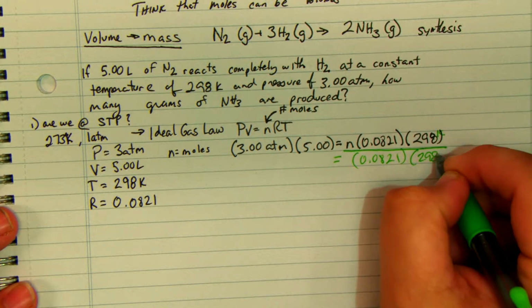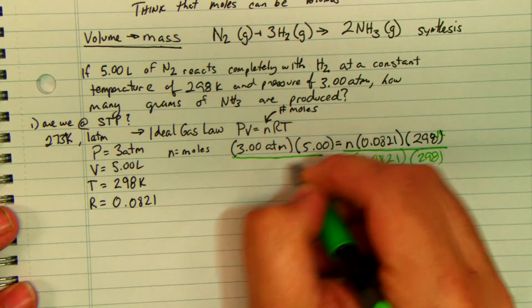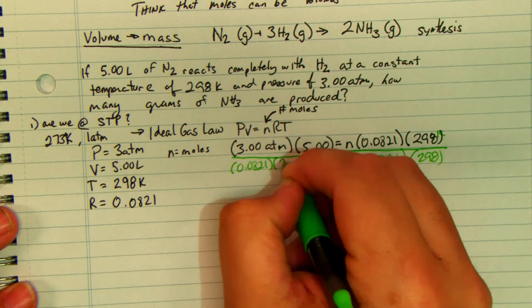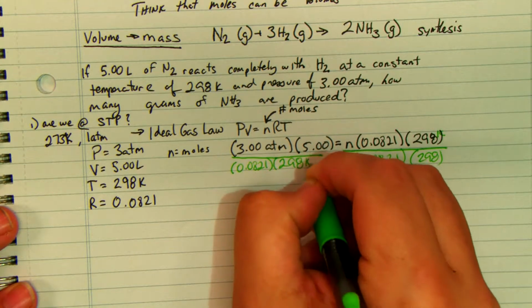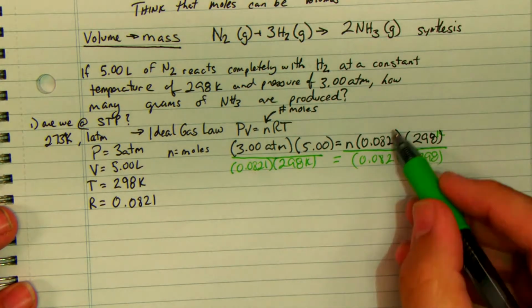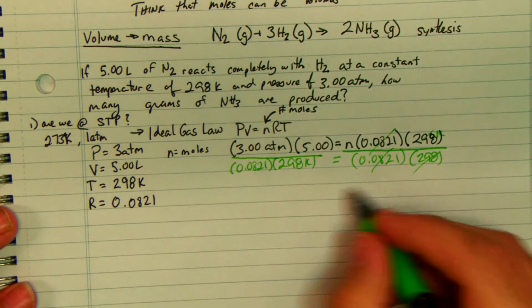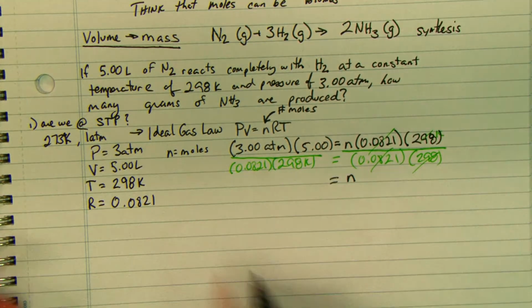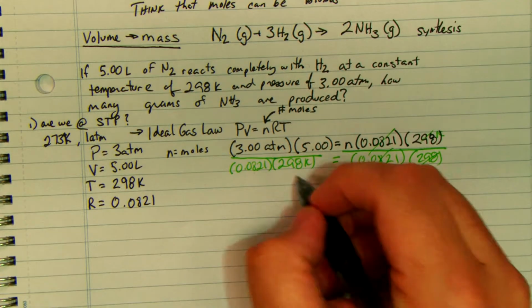And I'm going to take that over here, 0.0821 and 298 Kelvin. Now these two things divide out, and I'm going to be left with n, which is the number of moles, which is what I want.